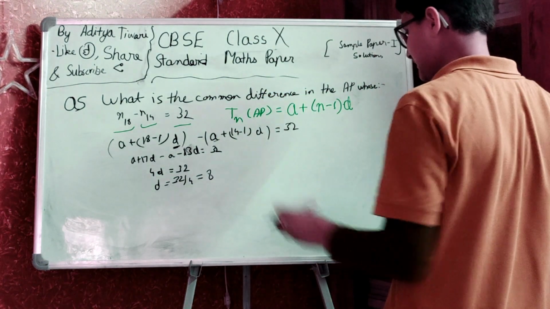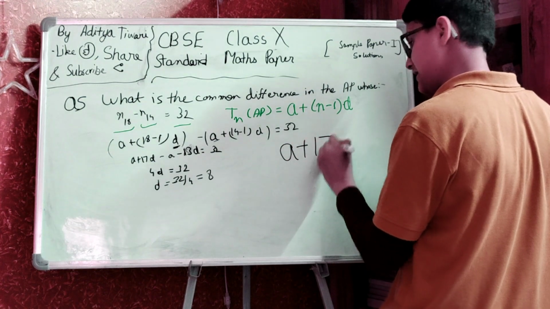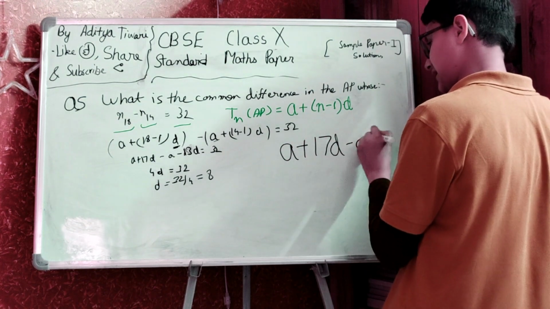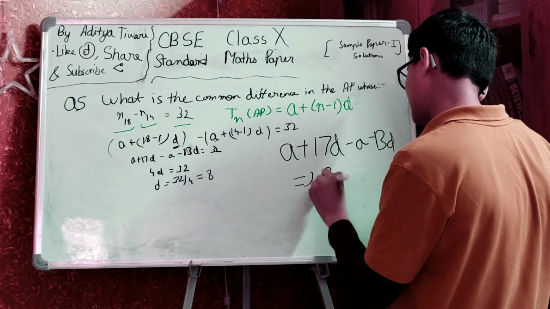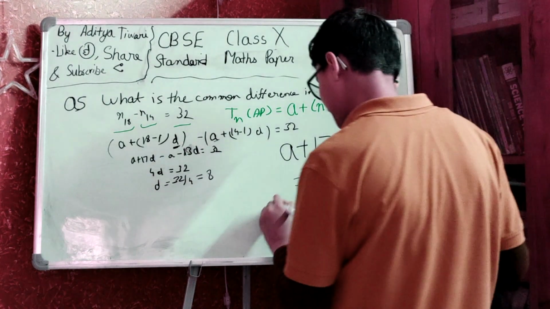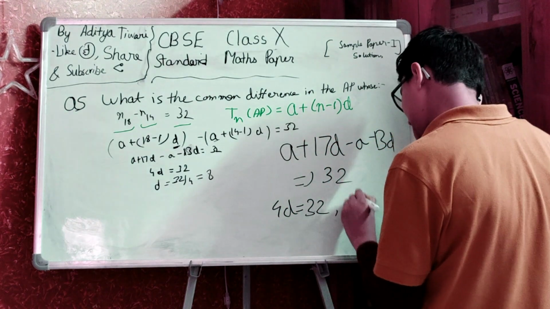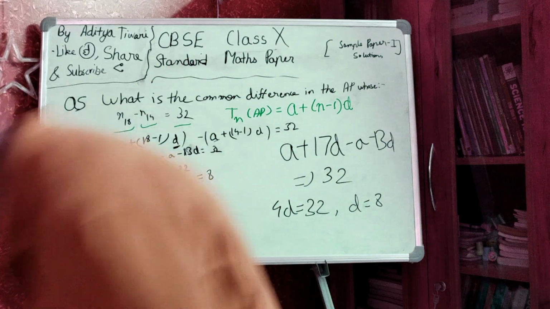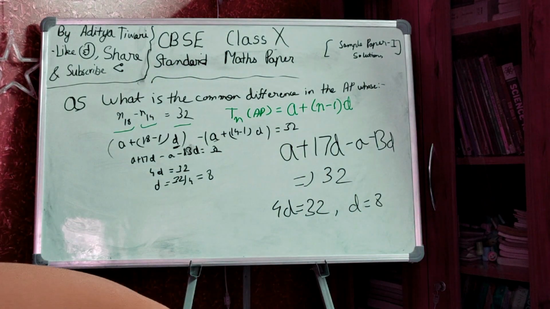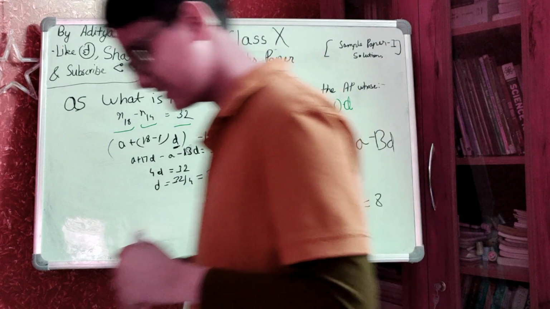If you're not able to see this, I'm just going to write it in bigger form. A plus 17D minus A minus 13D is equal to 32. So we get 4D is equal to 32 and D is equal to 8. So the common difference is equal to 8. So option D is correct.